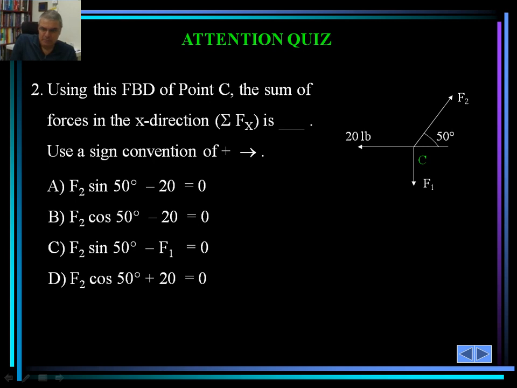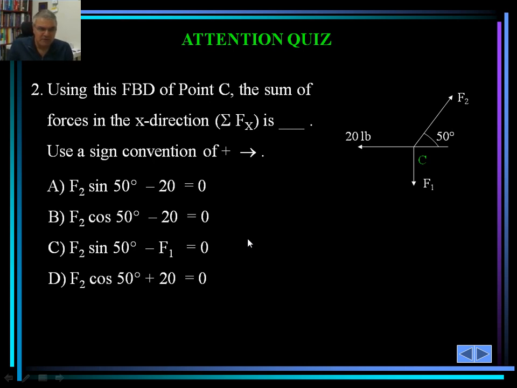So there's another attention quiz. Remember, we usually have 2 of these. Using this free body diagram of point C, what is the sum of the forces in the x direction? Use a sign convention of plus to the right of the page. F sub 2 sine of 50 degrees minus 20 is 0?